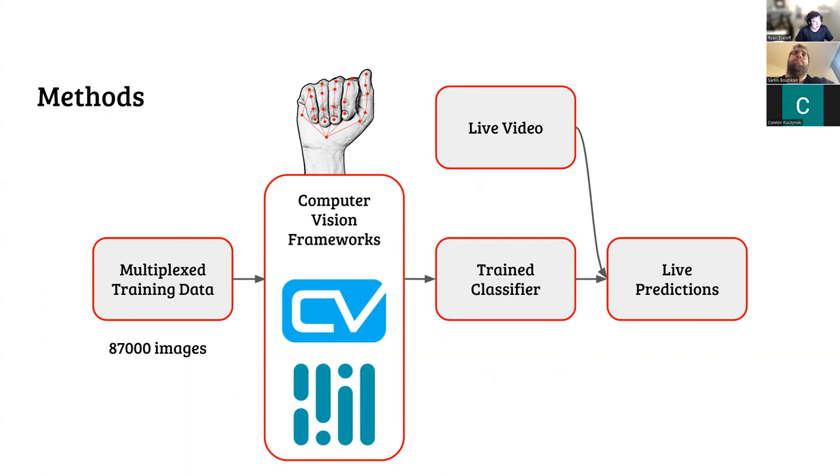We can then take that classifier alongside live video or images to make, in the case of live video, live predictions of signs. And an interesting pre-processing step to note is wireframing. You can see on that little graphic up above where a hand is reduced to about 20 points, namely fingers and a couple points on the palm, which is a dimensionality reduction technique to improve computation at a cost to accuracy.